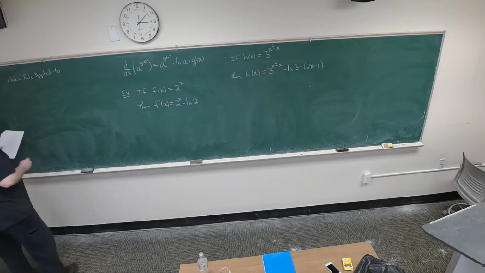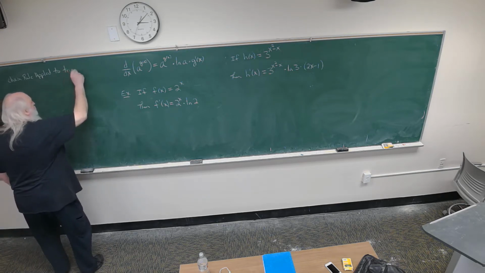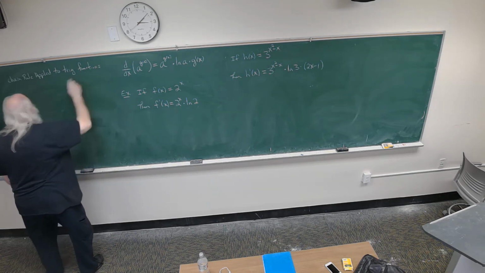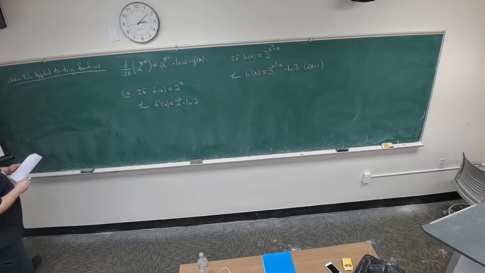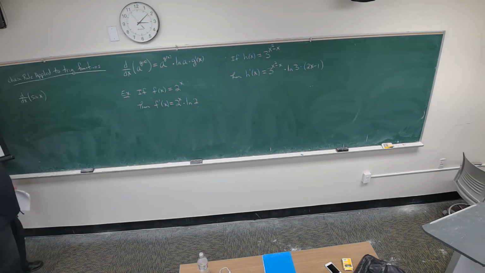All right, so the chain rule applied to the trig functions. Let's do it for sine x. So you know from 3.3 the derivative of the sine of x. I'm going to go off on the side here just to remind you of something.